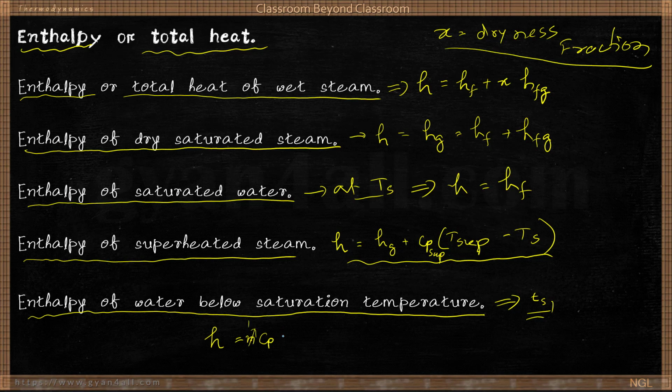This is 1 into Cp into Ts1 minus T naught. That is the enthalpy of water below saturation temperature, point A in our previous diagram. And this T naught is generally 0. So H is equal to Cp Ts1. What is Ts1?